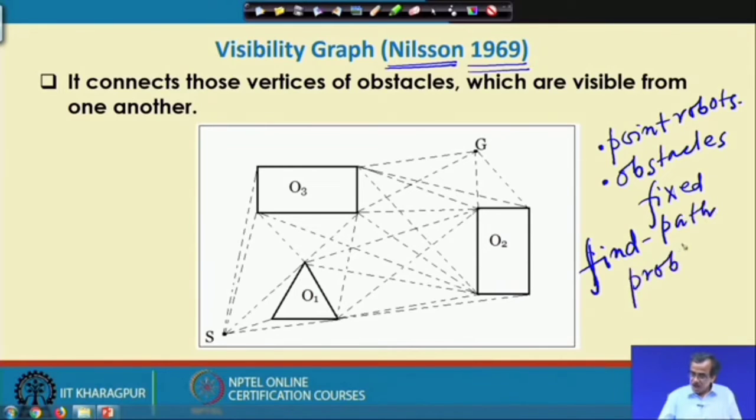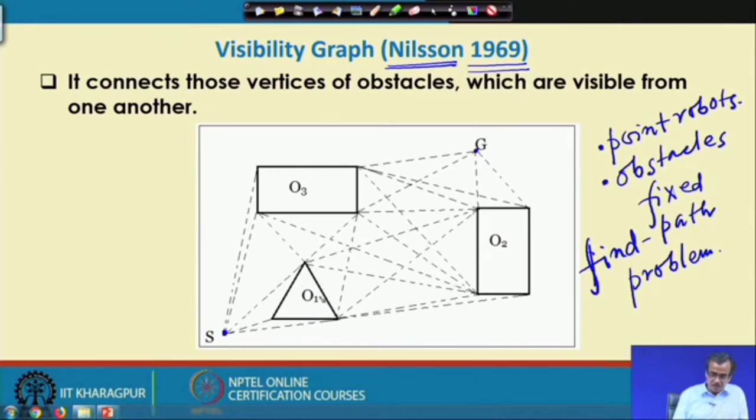That means, starting from an initial position, the robot will have to reach the goal by avoiding collision with the static obstacles. Now, let us try to see. This is the starting point for this point robot, and this is the goal.